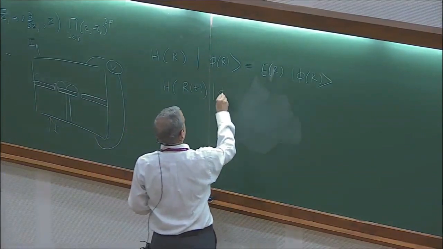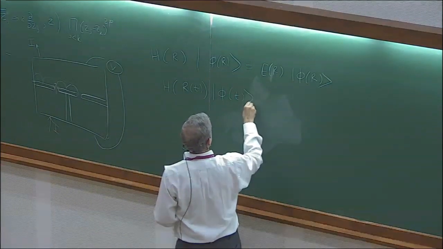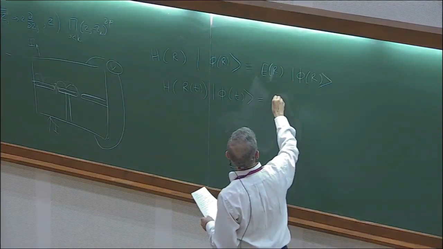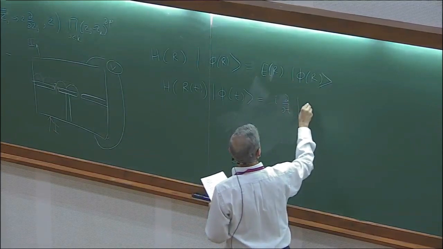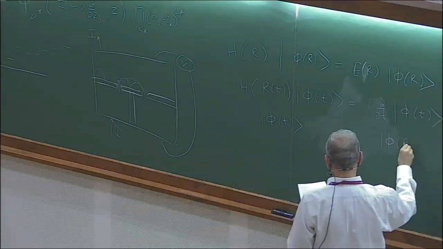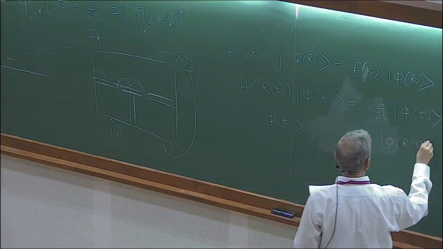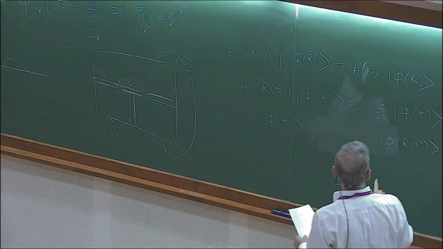And the problem I need to solve, the solution should be such that at any given time, whatever value R has, it should be the instantaneous eigenstate of that.